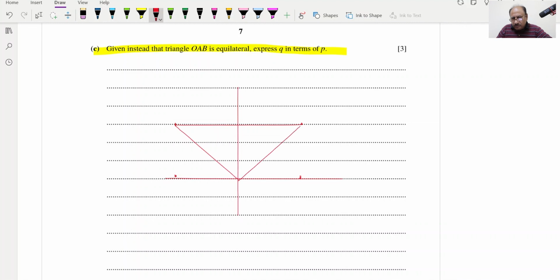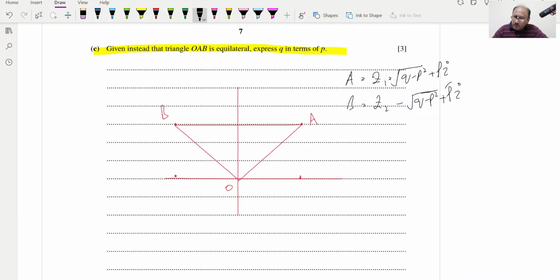So this will be our triangle, and this is O, and this is point A. We can take this one as B and this one as A, and A value is on the positive side, so we can take Z1 as under root q minus p squared plus p iota, and similarly we can take the negative value, which is Z2, which is minus under root q minus p squared plus p iota.